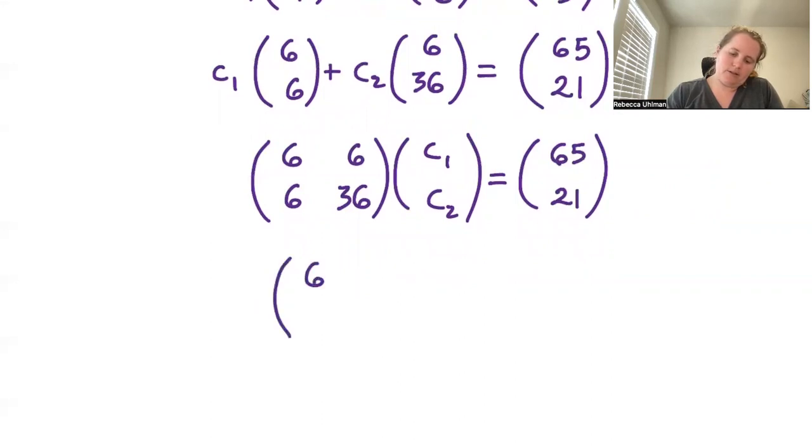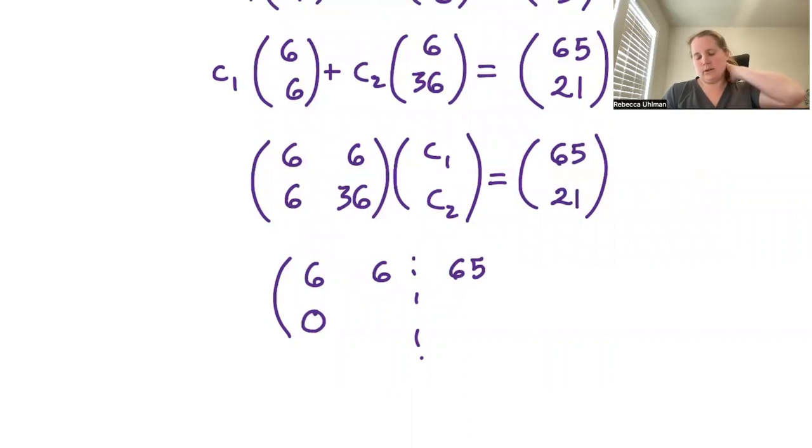This becomes 6, 6, 65 if we do the augmented matrix. Let's do second equation minus the first, so 0, 30, and then 21 minus 65 should be a negative 44.